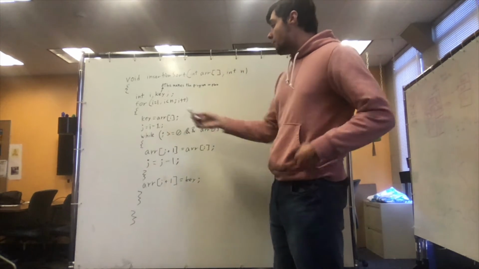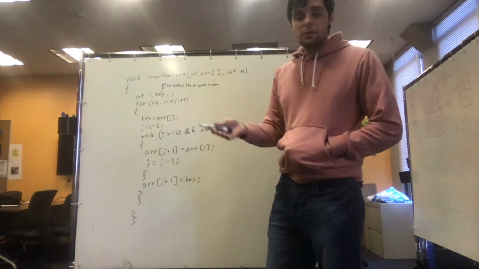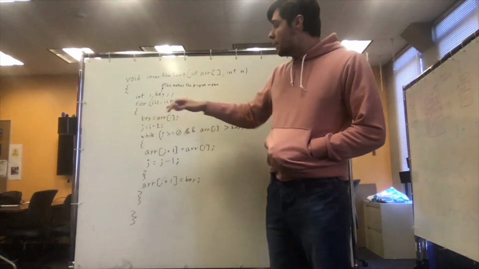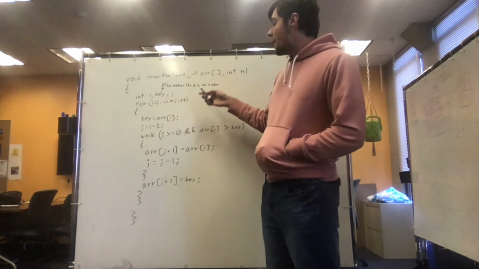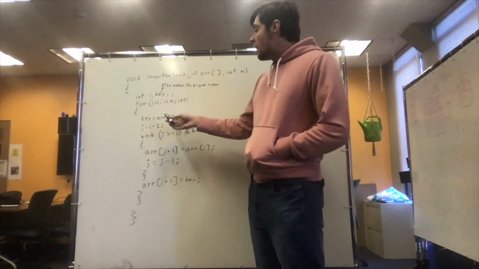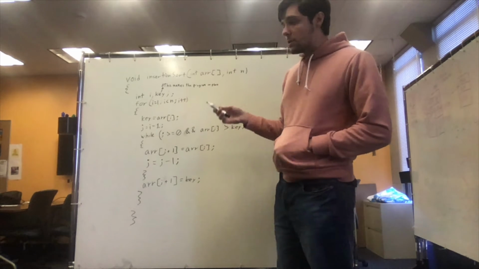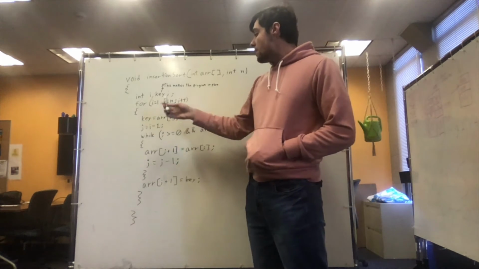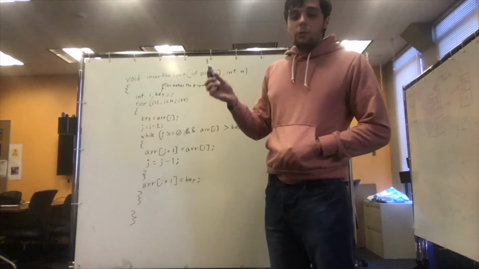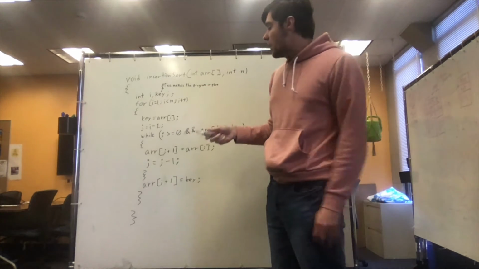Now starting with the for loop, we have i equal to the first unsorted element in the array, which is 1. i is less than length, and then we increment. We set key to the array i value, which is the first unsorted. And we set j to i minus 1, which is the first sorted, the root.